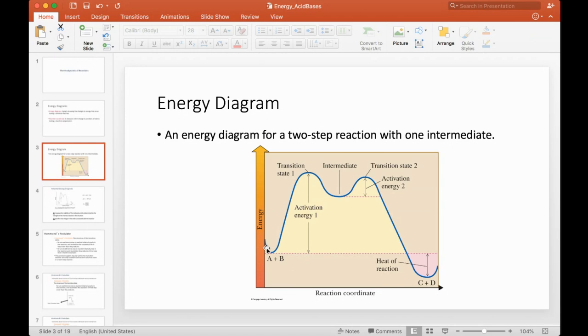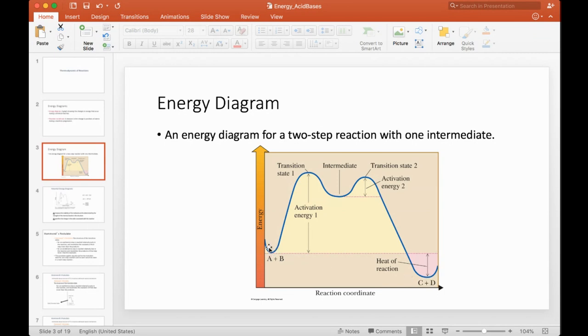This is something we're going to see a lot in organic chemistry. This reaction mechanism implies two steps: transformation of A and B into a first intermediate, and transformation of the intermediate finally into the final products C and D.